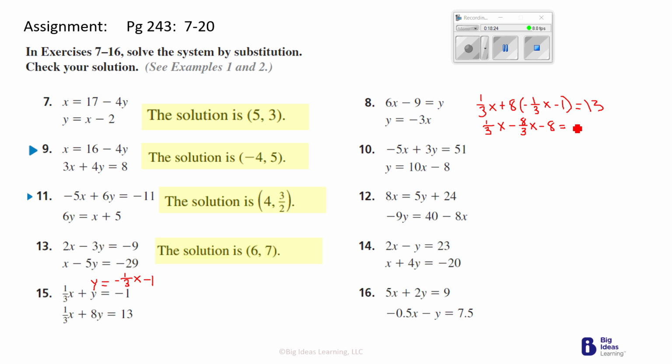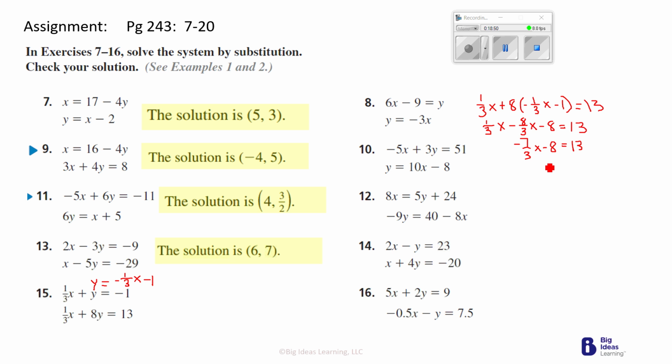That has to equal 13. All right, now we've got 1/3 x minus 8/3 x. That's going to be a negative 7/3 x minus 8 equal to 13.